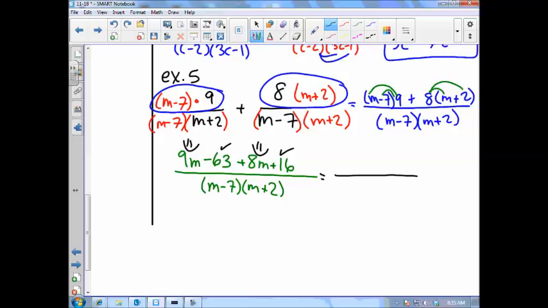Nine m plus the 8m. 17 what? Good, and then our constants are negative 63 plus 16. That's a hard one because of the negative. Okay.